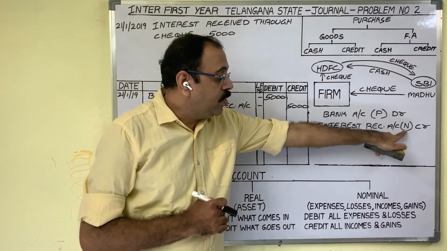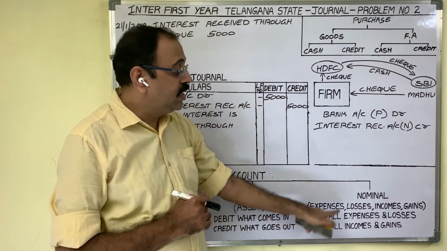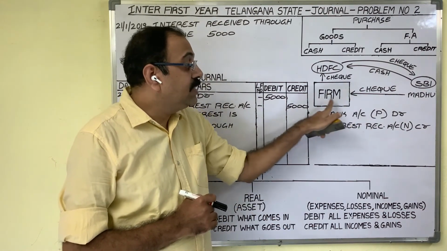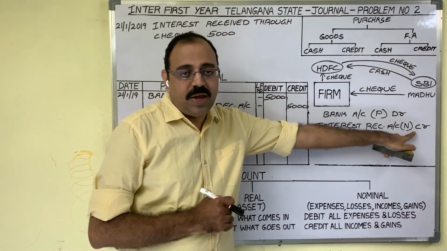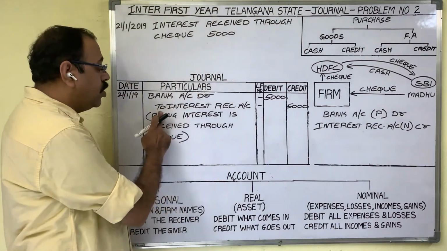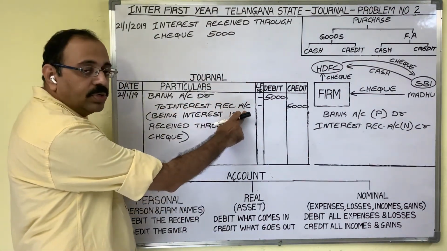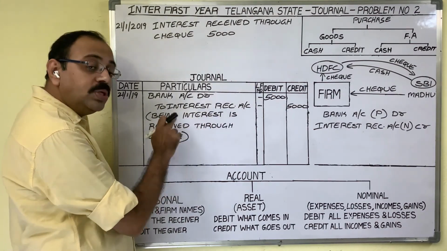Then nominal account rule: debit all expenses and losses, credit all incomes and gains. Interest received is income to the firm. Therefore, credit this account. Final entry is bank account debit to interest received account. Narration: being interest is received through check.